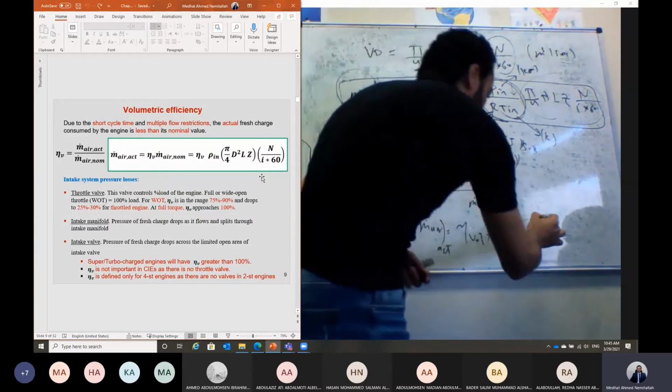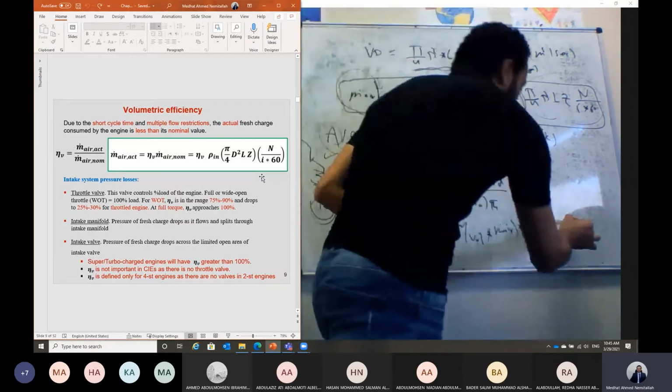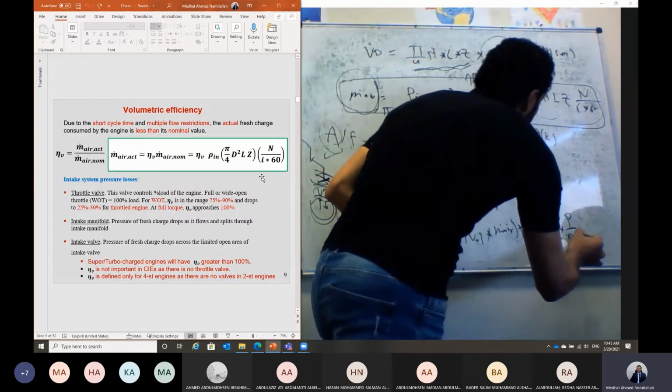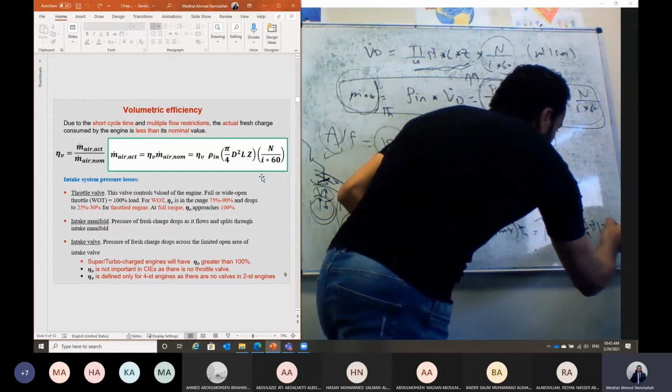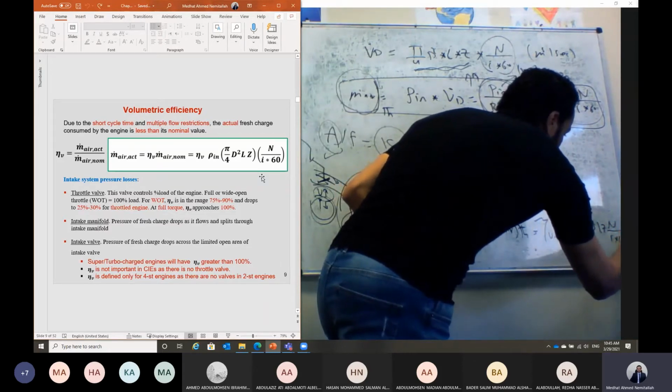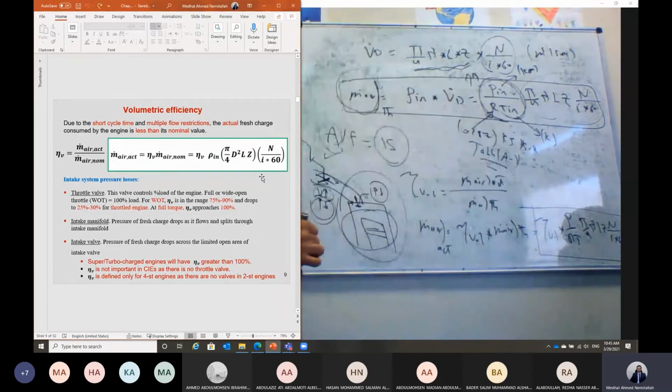So it equals eta volumetric times P divided by RT, multiplied by pi over 4 D squared L Z, multiplied by N divided by i divided by 60. And this is how we can calculate the actual mass flow rate of air to the engine.